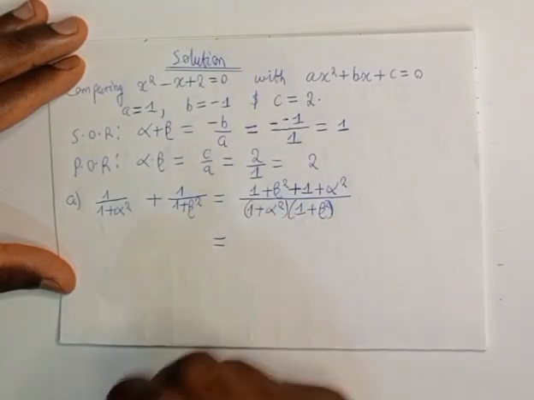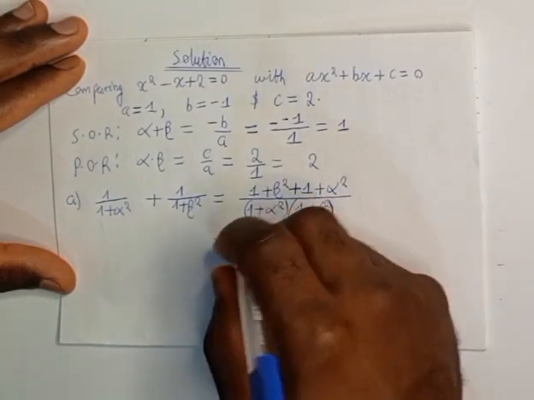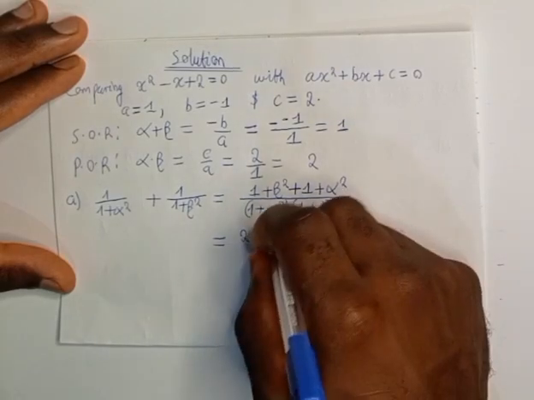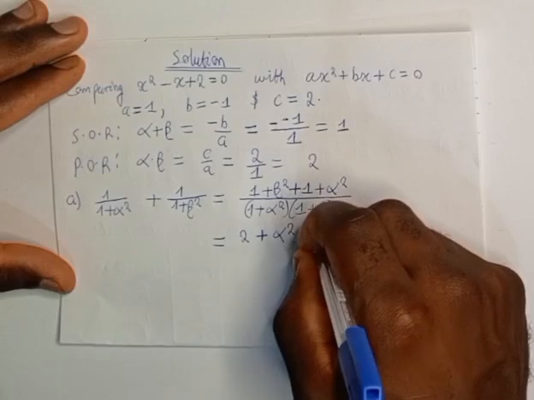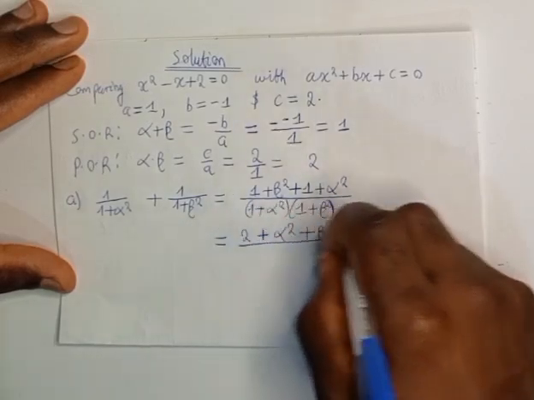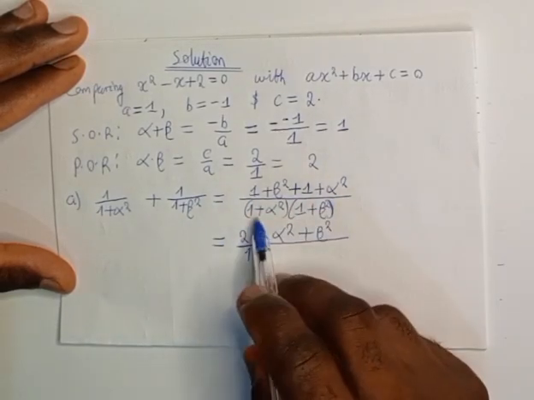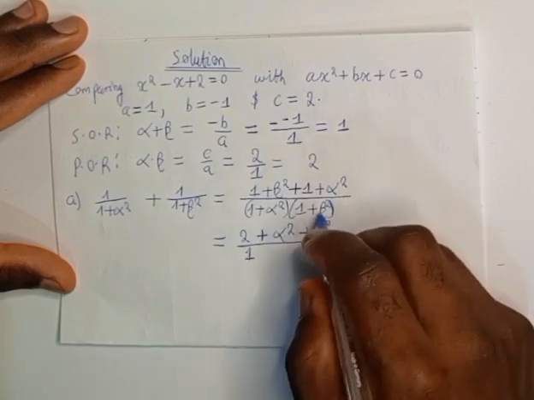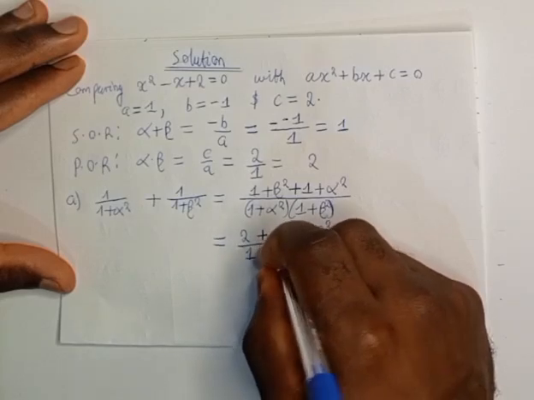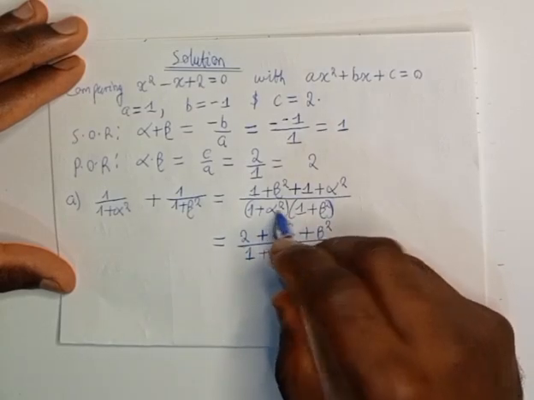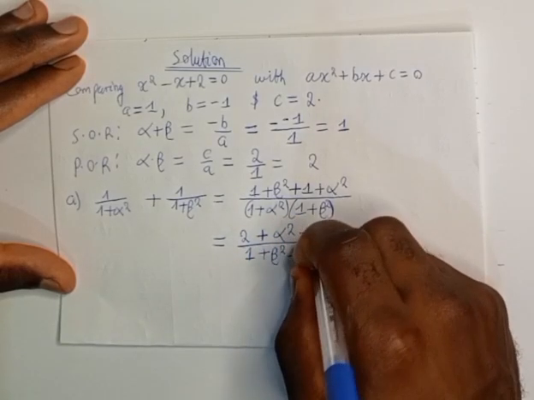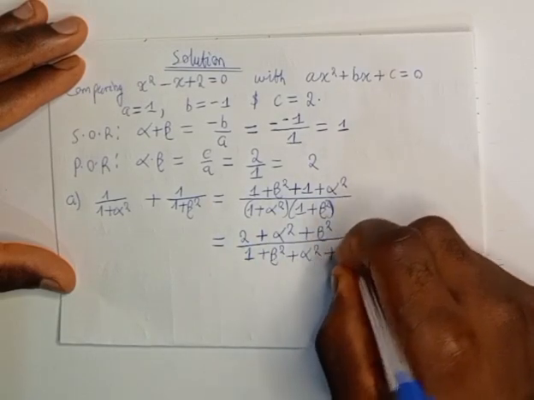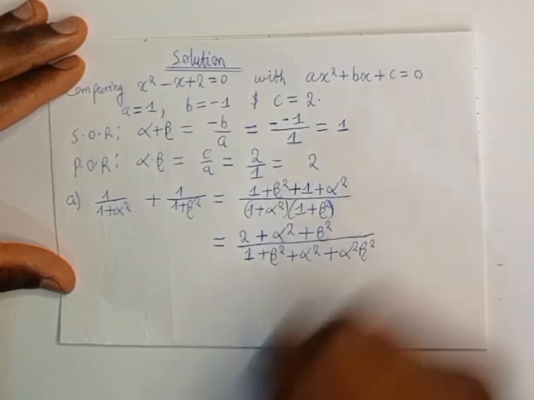This is simply equal to 1 plus 1 gives us 2 plus alpha squared plus beta squared, all over. We are going to expand the denominator. 1 times 1 remains 1. 1 times beta squared is beta squared. Then alpha squared times 1 is alpha squared, plus alpha squared times beta squared gives alpha squared beta squared.